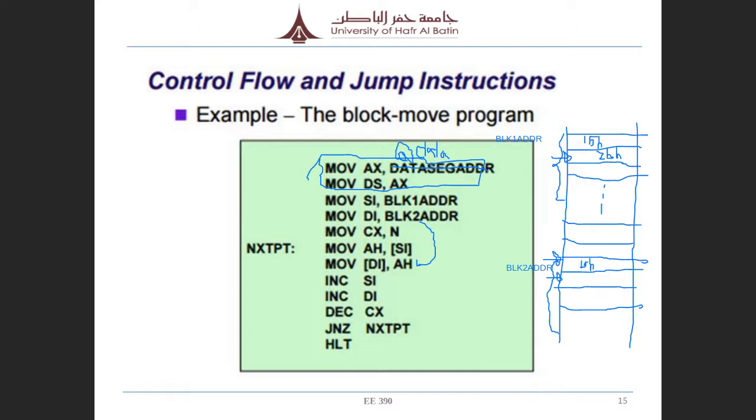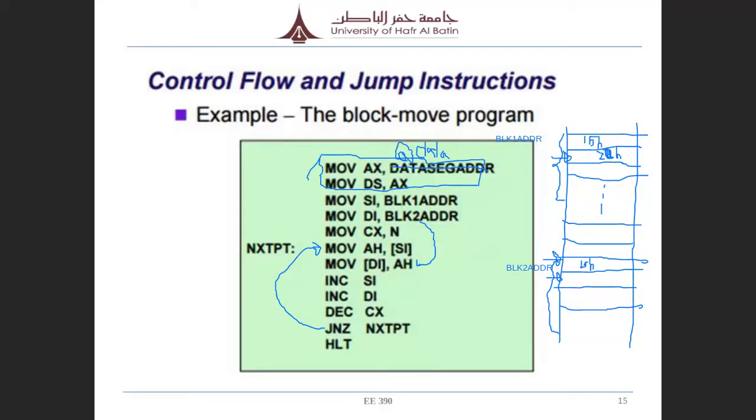And then we decrement the counter CX. If it is not 0, it will come here. Again do the move AH comma [SI]. Now SI is not indicating the first memory location, it indicates the second memory location. So now it will take, for example, 20h in AH.